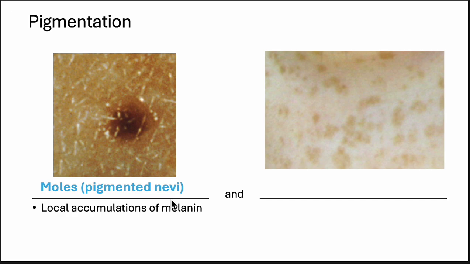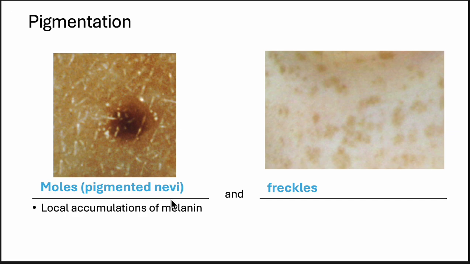And then freckles are also a type of local accumulation of melanin. Freckles are generally benign, although they can be found in certain individuals with light skin that are going to be more sensitive to damage caused by sunlight.